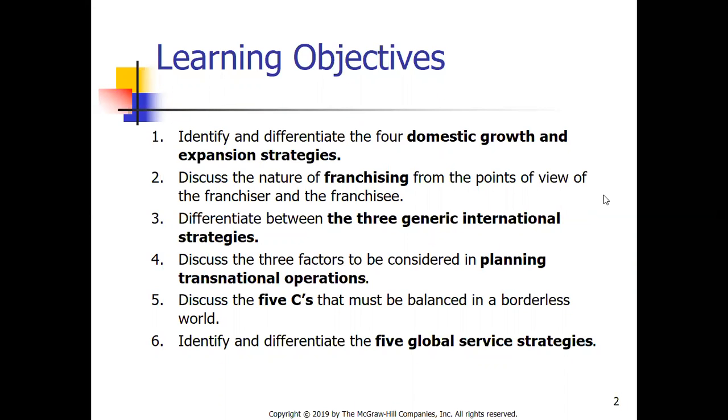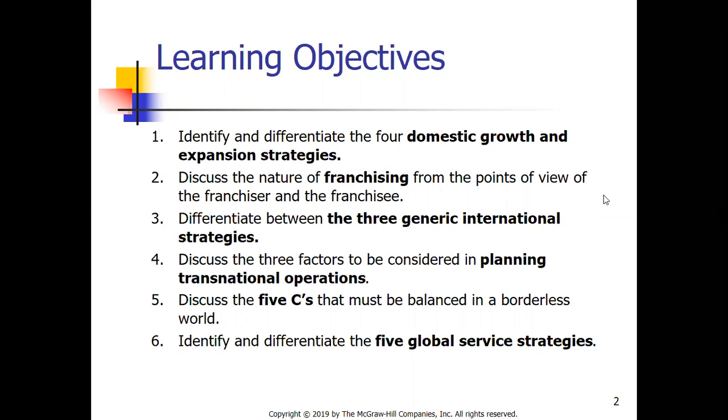And then differentiating between the three generic international strategies, looking also at factors to be considered in planning transnational operation. Some of the factors may affect your current operation.